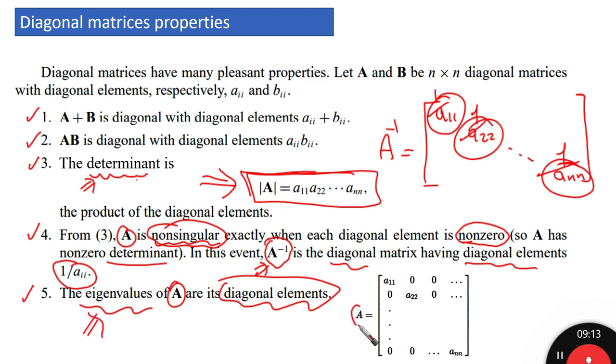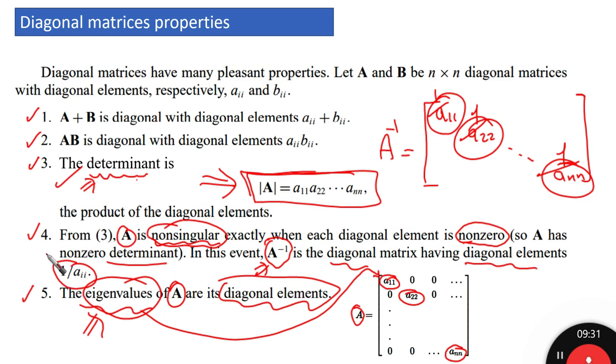So if A is diagonal, then the eigenvalues of this matrix are the diagonal elements, A11, A22 until ANN, as we have mentioned. So now the determinant is easy to obtain, the singularity of the matrix can be determined, and the eigenvalues are super easy because they are simply the diagonal elements, right?